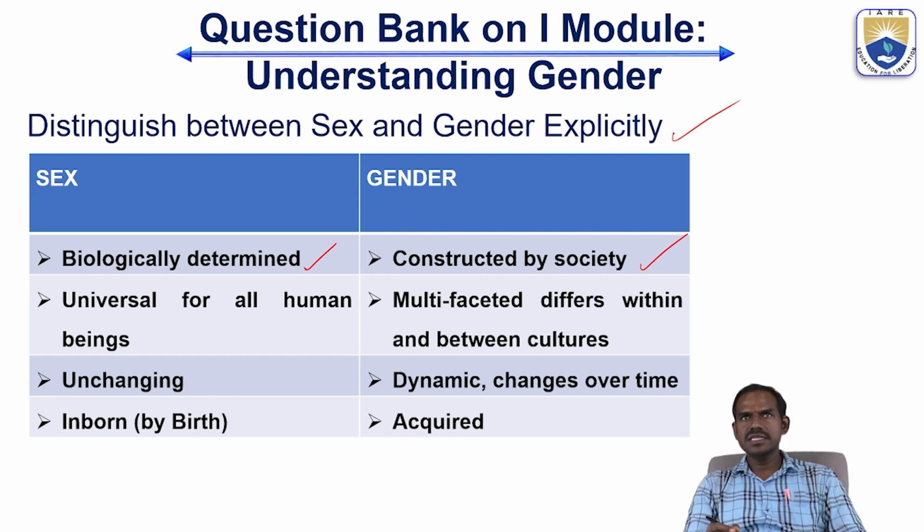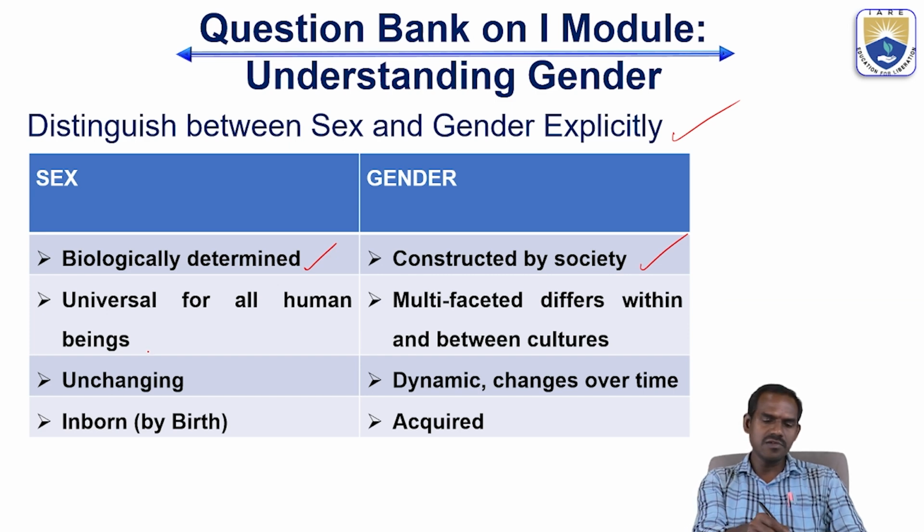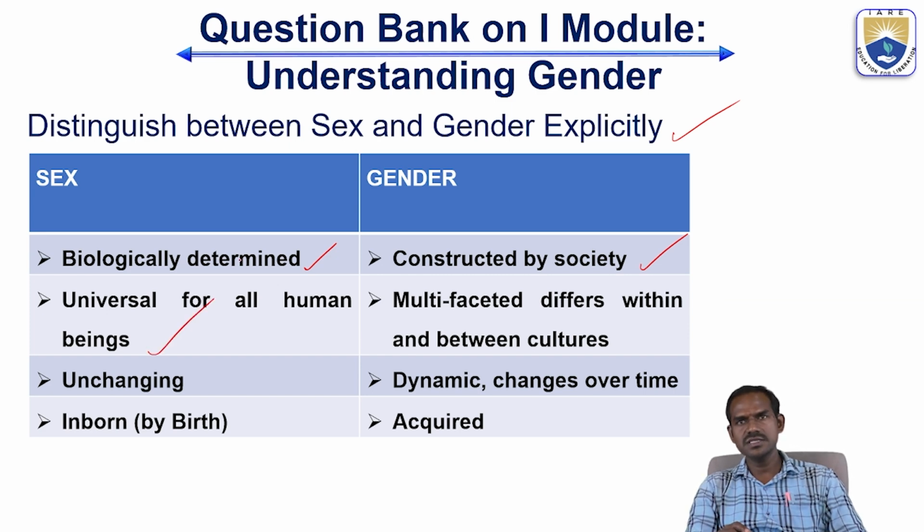Secondly, sex is universal for all human beings. And gender is multifaceted, differs within and between cultures. So for gender, what can we say?